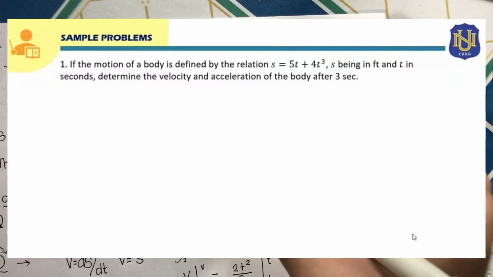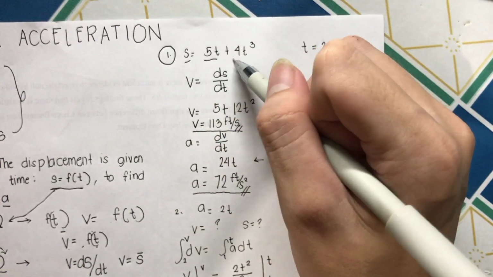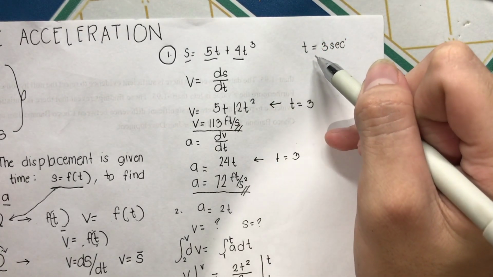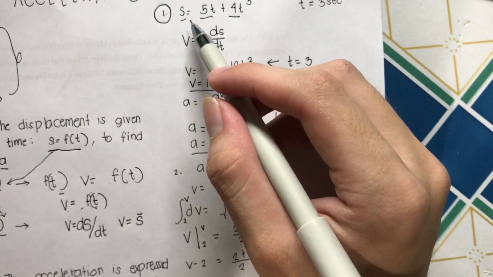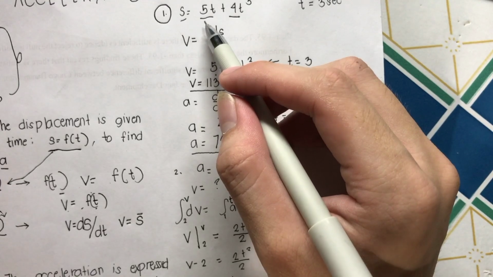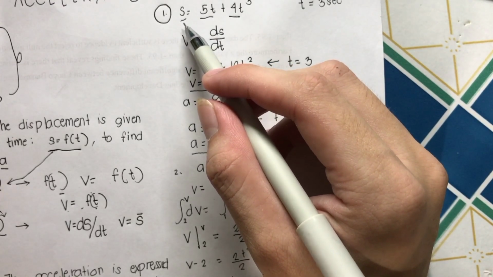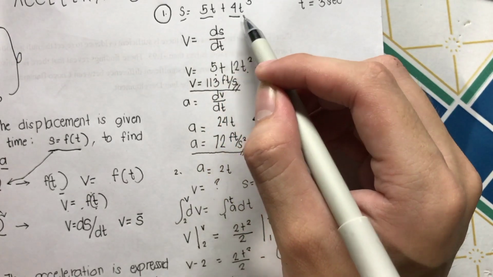So, s equals 5t plus 4t cubed, while t equals 3 seconds. We will use case number 1, which is displacement equals a function of time, while displacement here equals 5t plus 4t cubed.